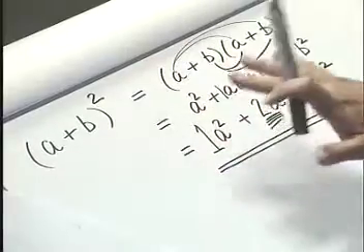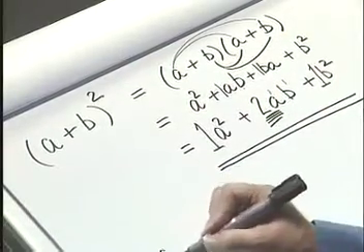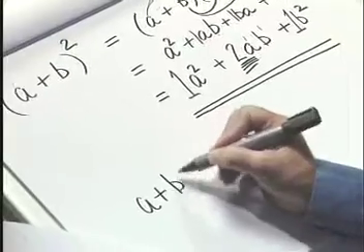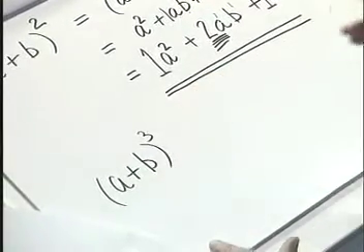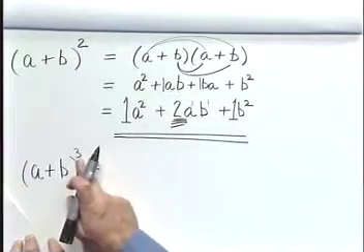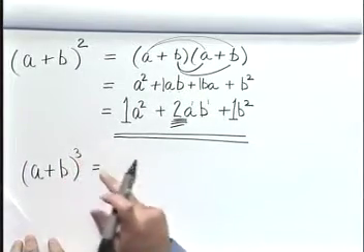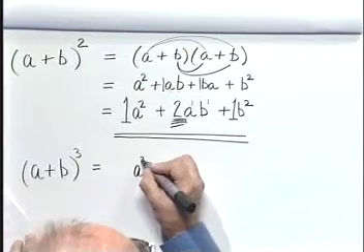So Pascal's triangle will give us an easy way of evaluating a binomial expression when we want to raise it to an even higher power. Let me look at what happens if we want a plus b to the power 3. And we'll see that we can do this almost straight away. What we note is that the highest power now is 3, so we start with an a to the power 3.